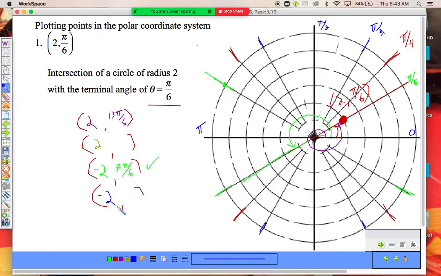So what is another angle that's going to tell me to walk out the distance 2 to get to that same point? How else can I go out the distance 2 and get to that same place?